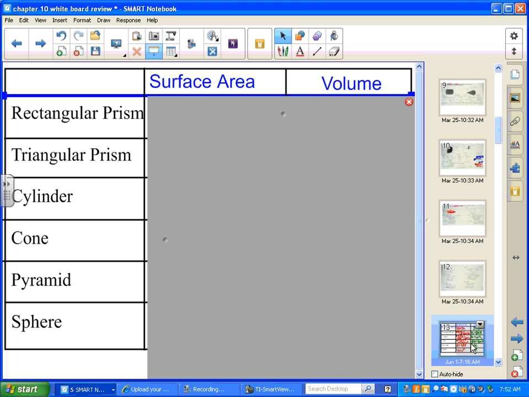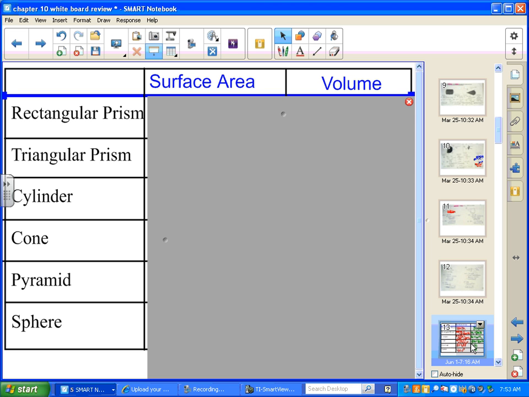Okay, rectangular prism. Write down what you think the surface area formula is. Bless you. Rectangular prism. Write down what you think the volume formula is. Okay, Justin, what's the surface area formula of a rectangular prism?